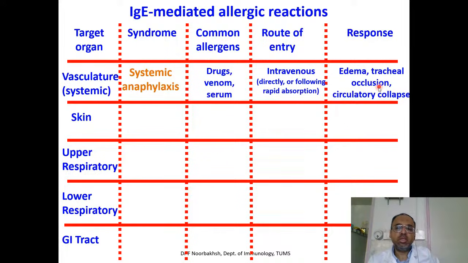And sometimes it might lead to choking if it's severe tracheal occlusion. So systemic anaphylaxis is when you have the system-wide or systemic spread of allergens, usually drugs, venom, or maybe some other molecules, through blood circulation. It's associated with generalized edema, tracheal occlusion, and circulatory collapse, and it could be deadly.